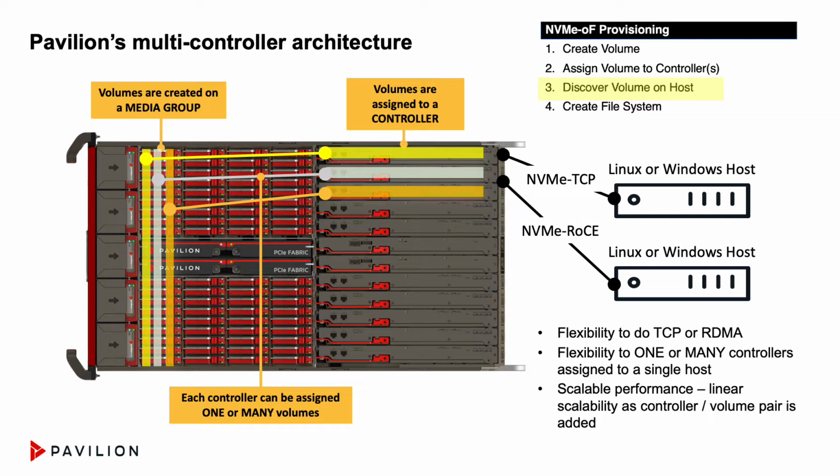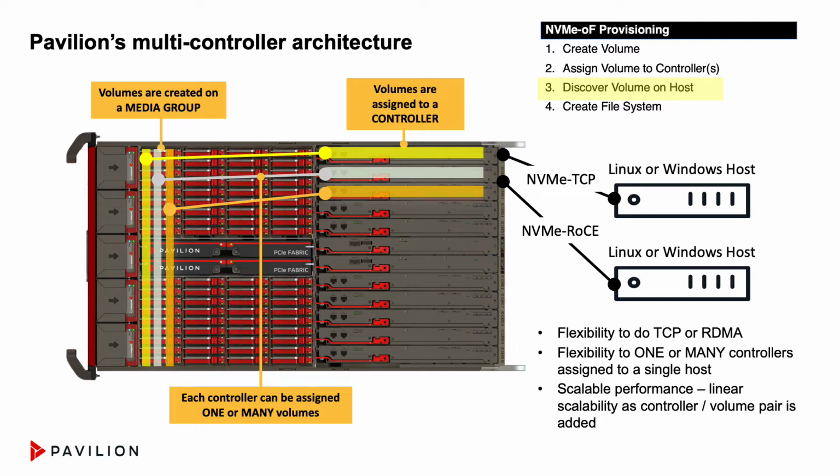Of course, there are other protocols that can be leveraged in the Pavilion array for block like iSCSI or NVMe-RDMA, the InfiniBand technology. This demonstration is just going to happen to show you the process using NVMe-TCP and RoCE. The other two are actually the same. So with our multi-controller architecture, we give the flexibility to do NVMe-over-Fabric TCP or RDMA, or other protocols, the flexibility to leverage one or many controllers and assign that to the host.